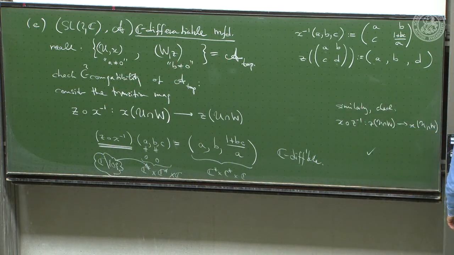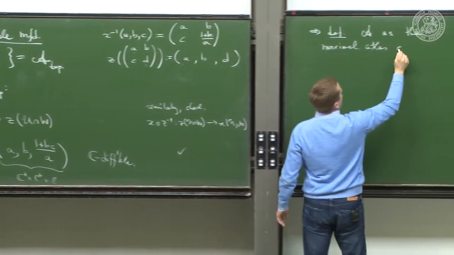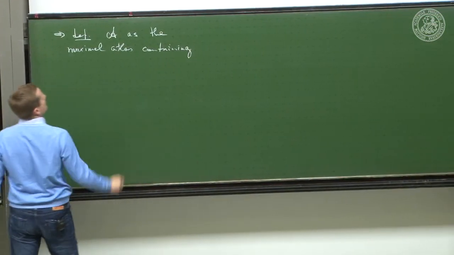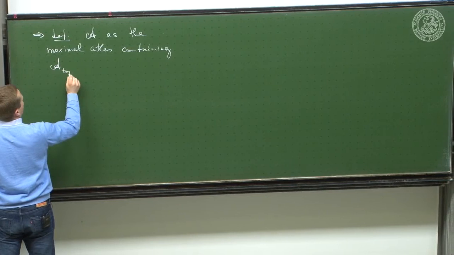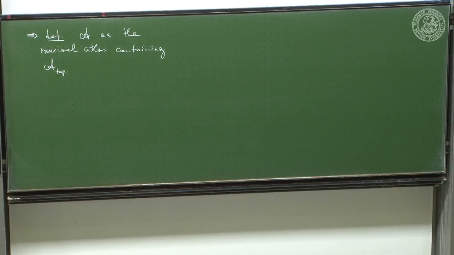Fine. Now, if I have that, you can certainly define uniquely the maximal atlas A as the maximal, so the maximal differentiable atlas containing A_top. So you put all the other charts that come to mind also in there that are, to the desired degree of differentiability, compatible with these charts.